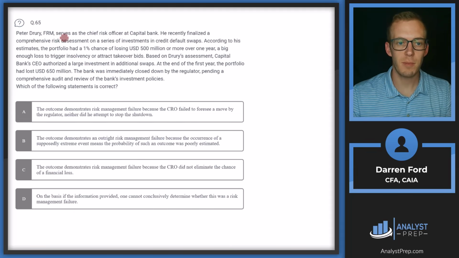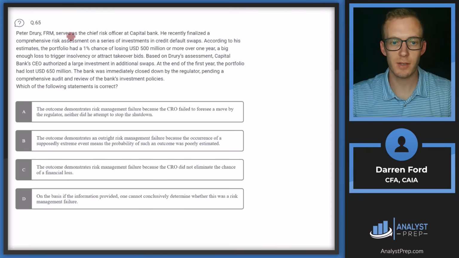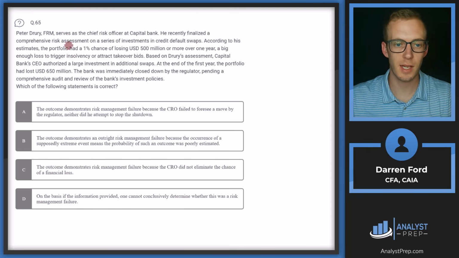Question 65. Peter Drury, FRM, serves as the Chief Risk Officer at Capital Bank. He recently finalized a comprehensive risk assessment on a series of investments in credit default swaps. According to his estimates, the portfolio had a 1% chance of losing USD 500 million or more over 1 year, a big enough loss to trigger insolvency or attract takeover bids.